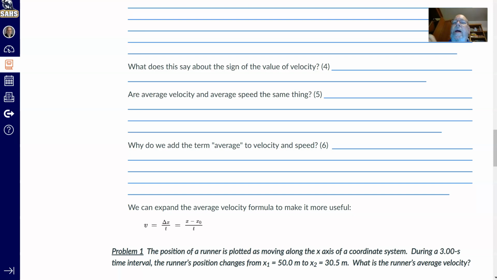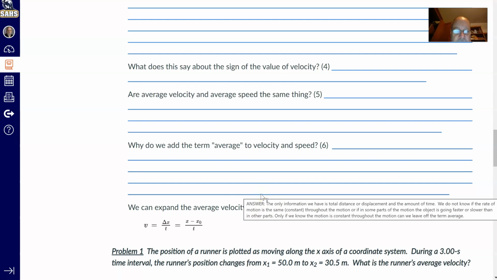Okay, I don't have any way yet to see into how the motion changes while going along the path, but I will. So right now, I just have the term average for velocity and speed. And so what I've said here is the only information we have is total distance or displacement and the amount of time.